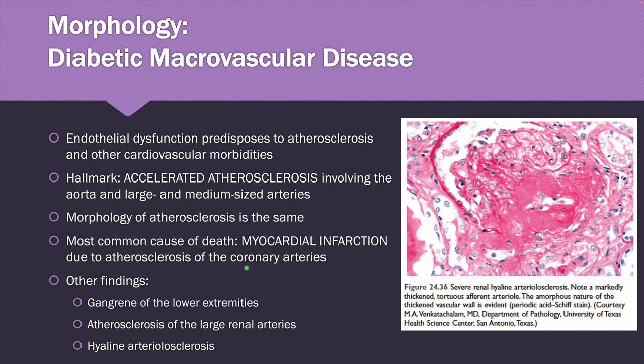So, ako, personally, if I received an amputation specimen, I try to find the blood vessels and kakapain ko sila kung saan yung area ng matitigas. Nandun usually ang level of occlusion causing your diabetic macrovascular disease. Okay. Other findings, atherosclerosis of the large renal arteries and hyaline arteriolosclerosis in your renal vessels as well.